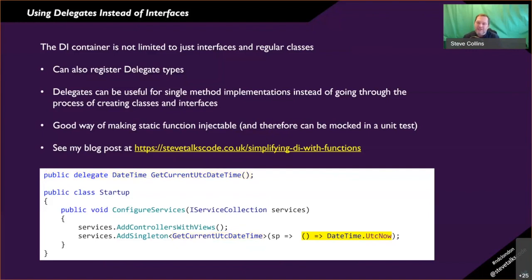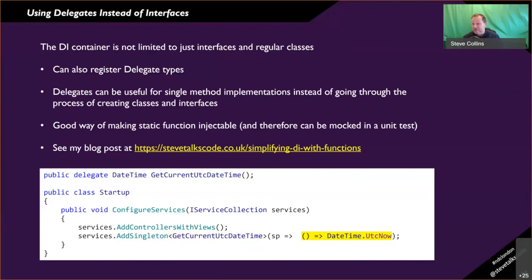By creating the delegate, we're creating an abstraction without all the ceremony of first going and creating an interface and then going and creating a class and implementing that class and having that class then wrap that dreadful static Now property. This makes your registration code much cleaner, as you don't need all that plumbing work.